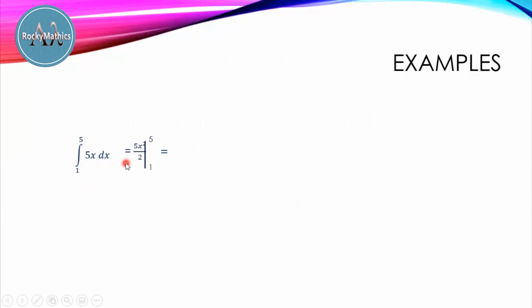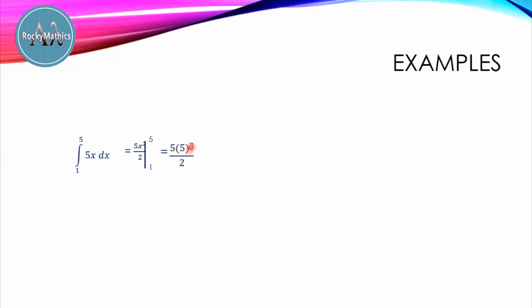The antiderivative of that is 5x squared over 2. Then we evaluate this from 1 to 5. Applying the fundamental theorem of calculus, all we have to do is substitute the upper limit, which is 5, in this antiderivative.